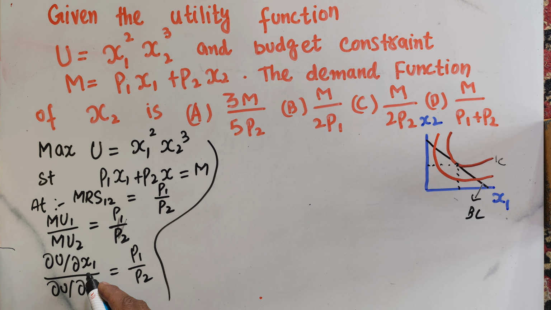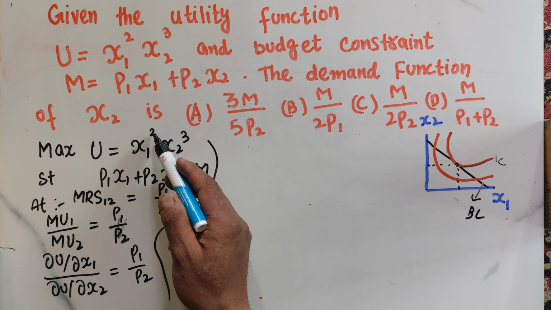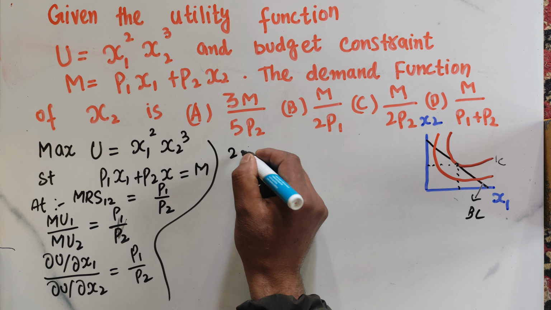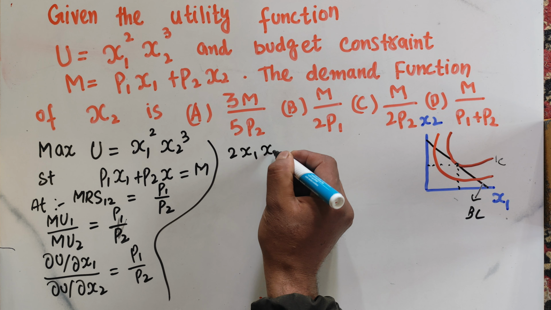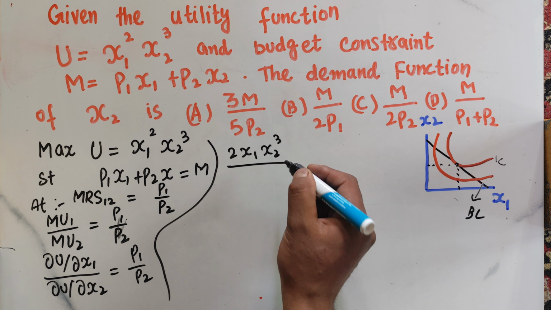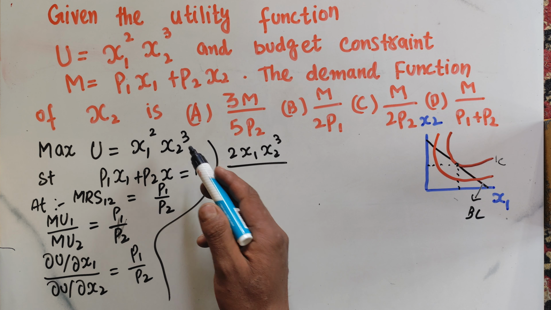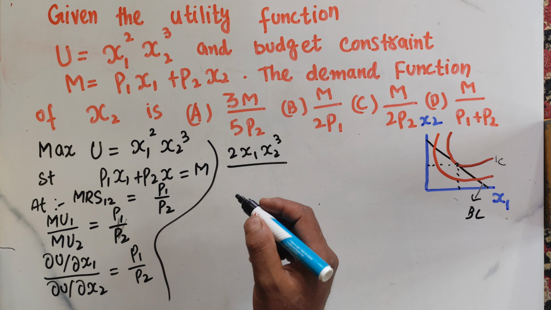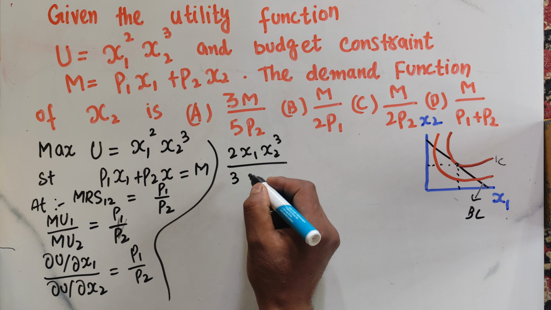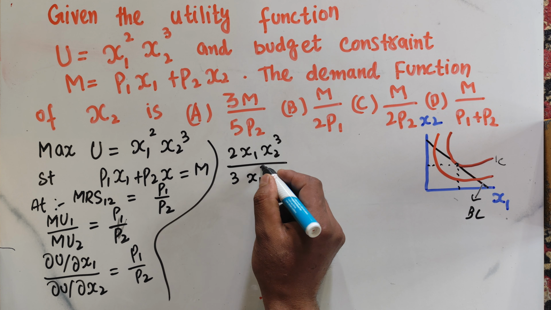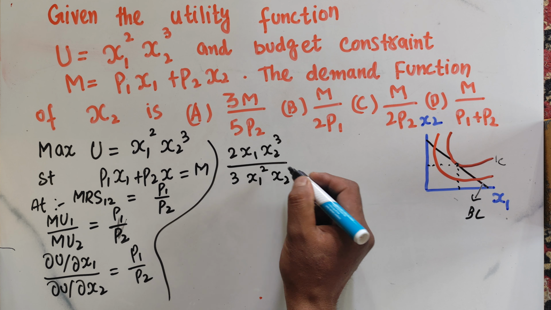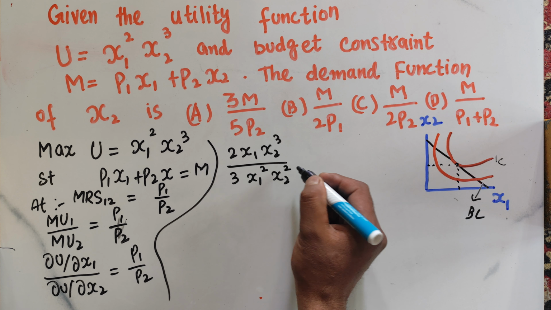Now du upon dx1 means the partial derivative of this function with respect to x1. The derivative of x1 square is 2x, so we get 2x1 times x2 cube, and x2 remains the same because we are taking a partial derivative. Symmetrically, for the derivative with respect to x2, the exponent of x2 becomes the coefficient. So we have 3 times x1 square, which remains the same, and x2's exponent gets reduced by one, so it becomes square.